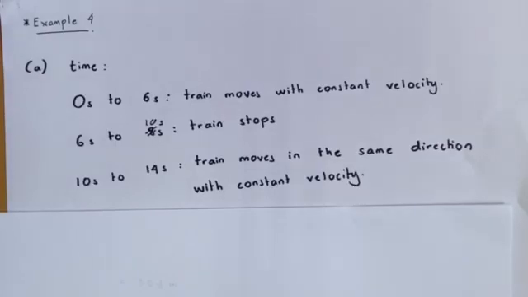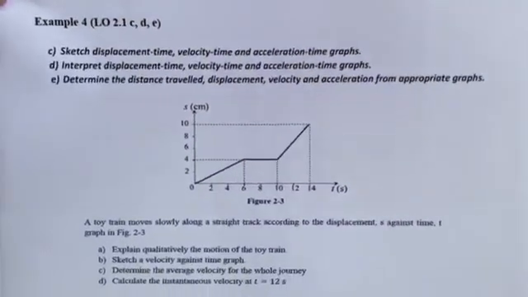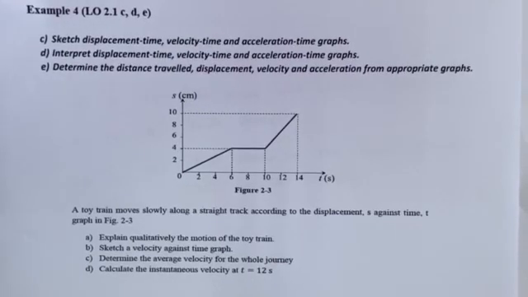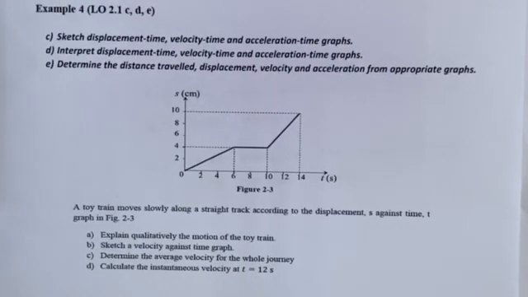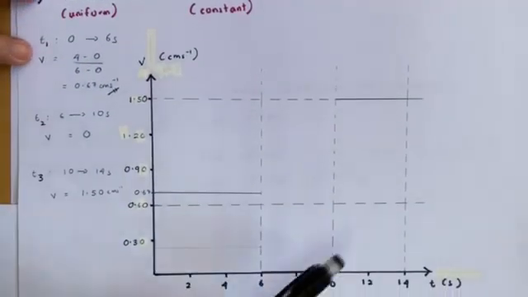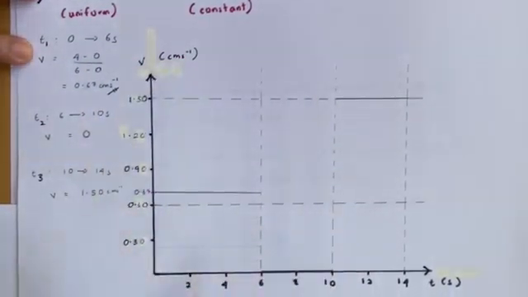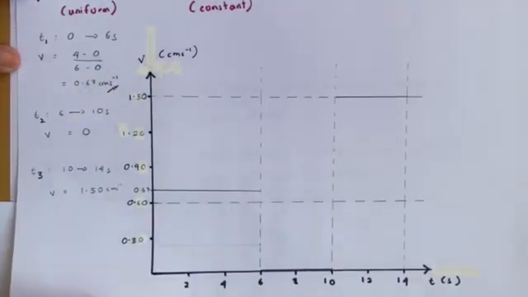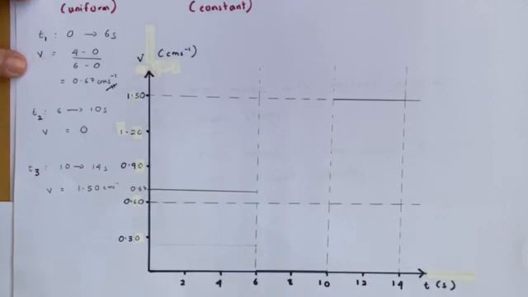Moving on to part B of the question. Sketch a velocity against time graph. So for velocity against time graph sketching, once again I've prepared it for you. You want to focus on this part first, alright? So this is a velocity against time axis.